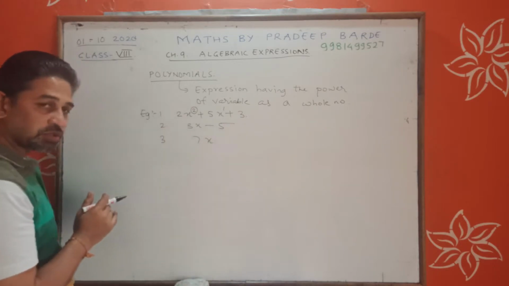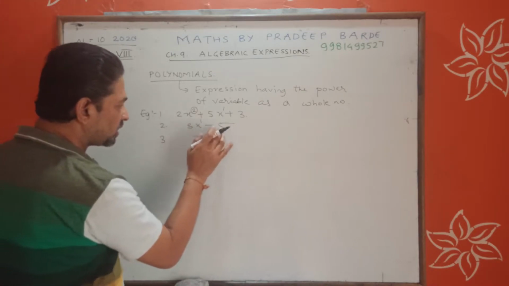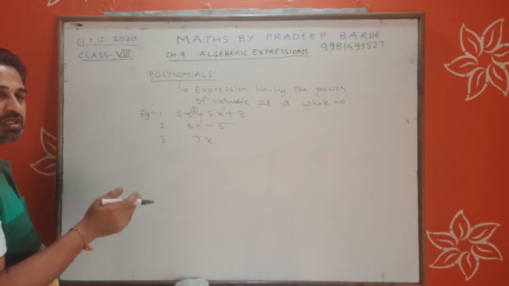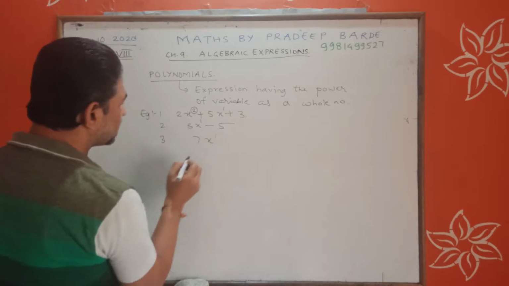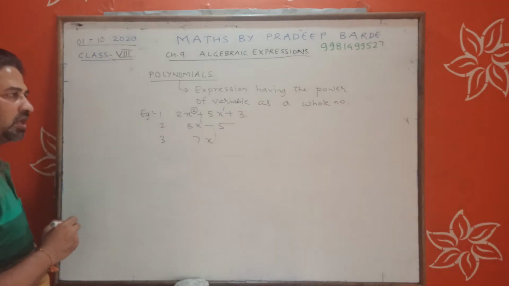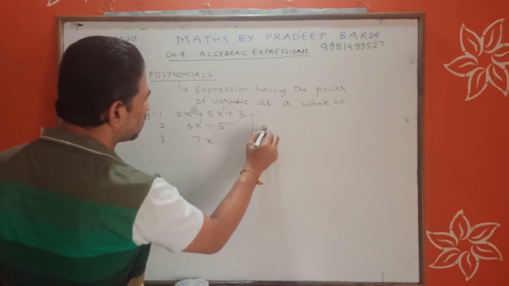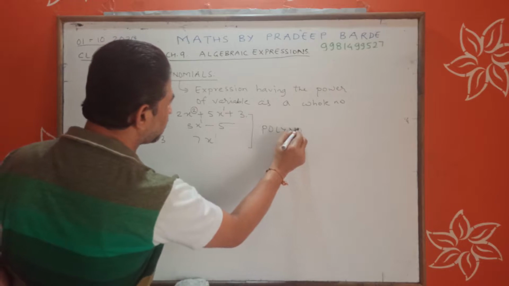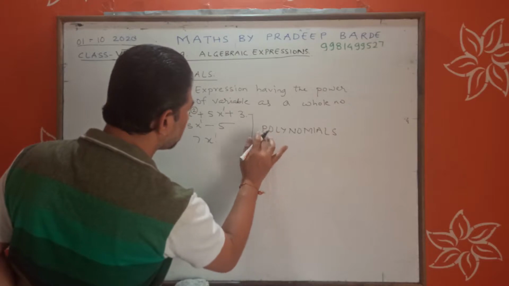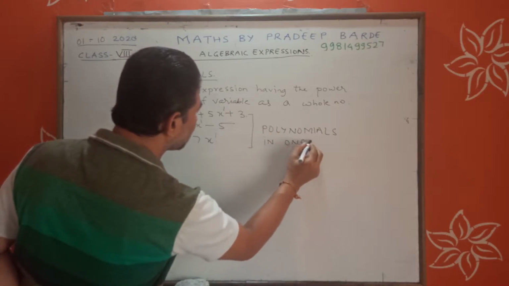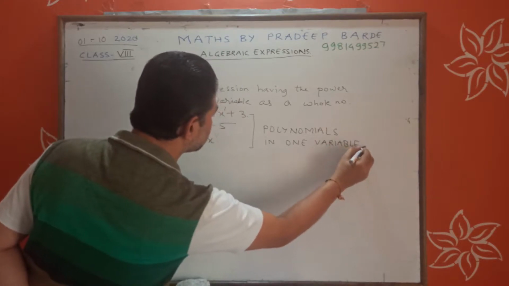In example number 2, the power of x is 1 and this is a constant term, so the power of x is 0. In this again we see the power of x is 1. So all these are examples of polynomials, rather you can say polynomials in one variable only, because we have taken only one variable.